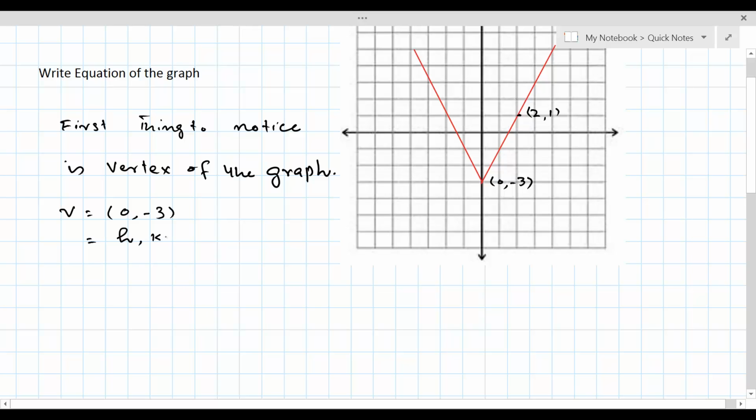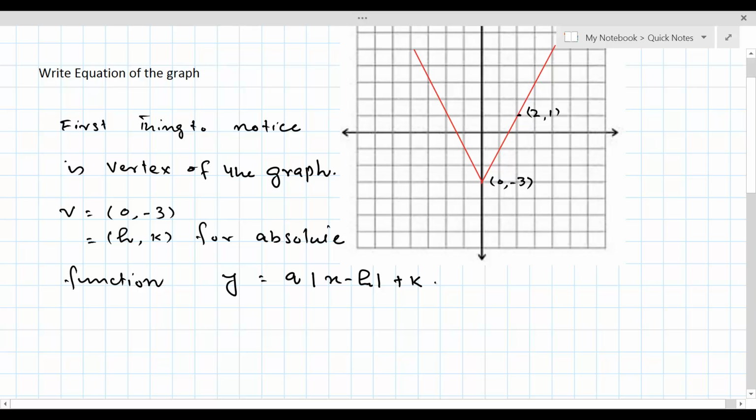H and k for the absolute valued function y is equal to a times |x minus h| plus k. So we know the values for h and k.